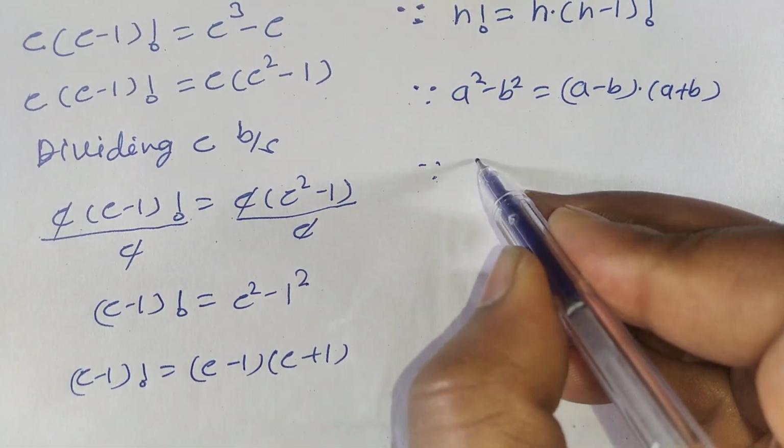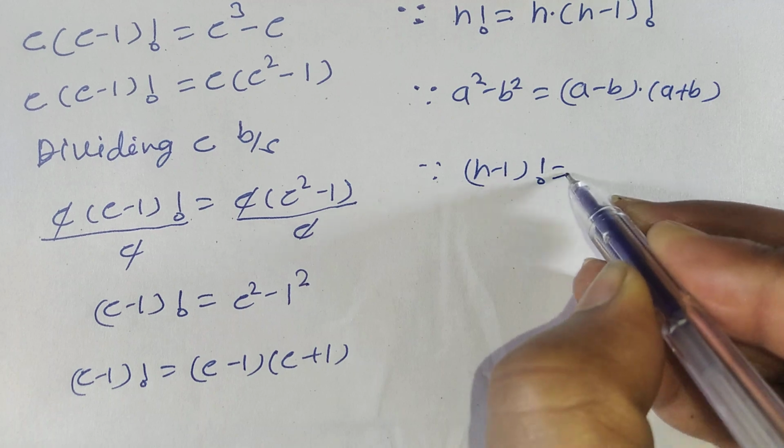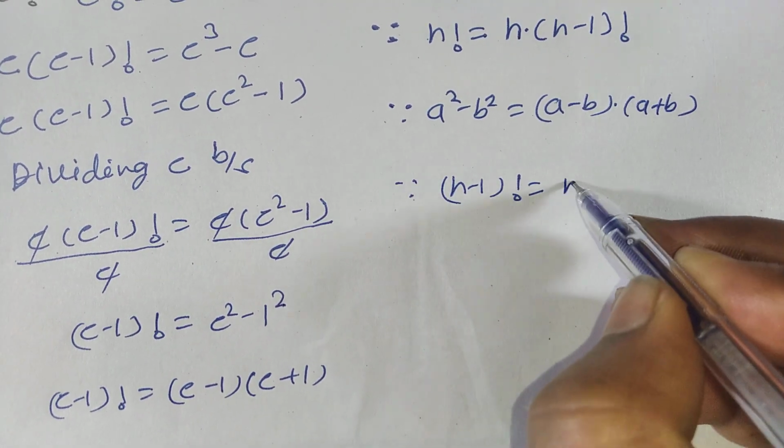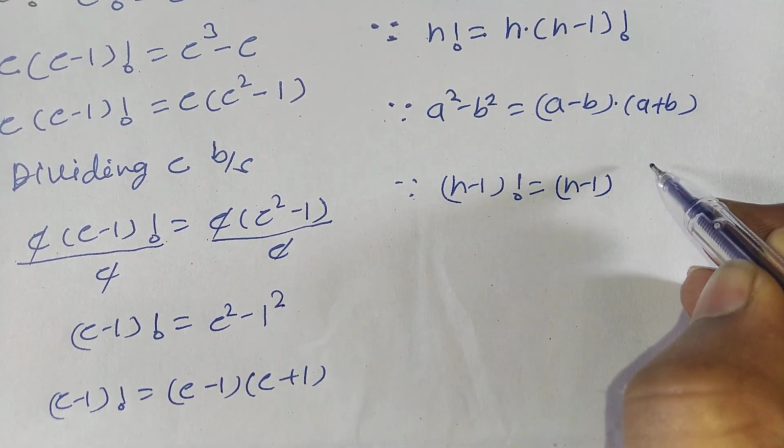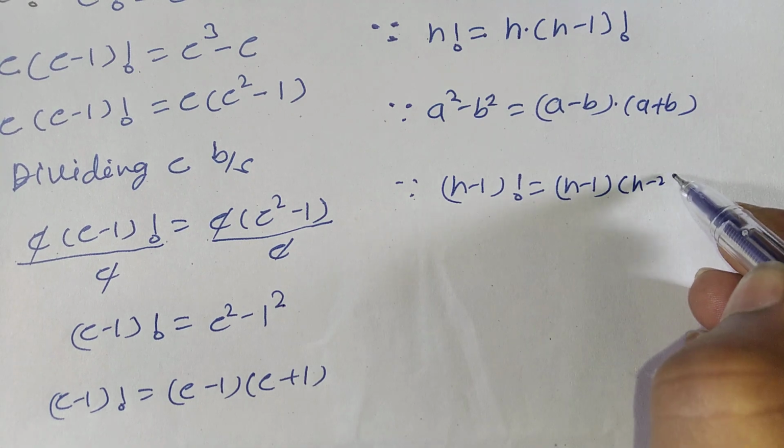We recall a rule: factorial n minus 1 is equal to n minus 1 into factorial n minus 2.